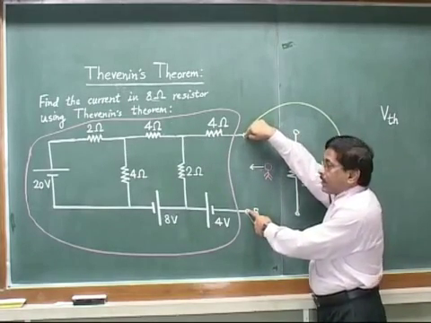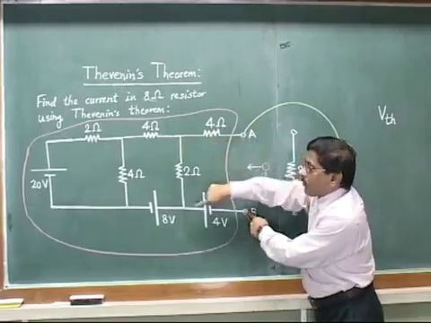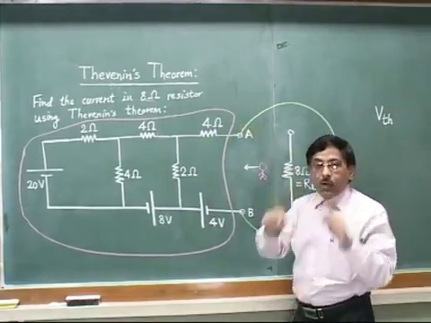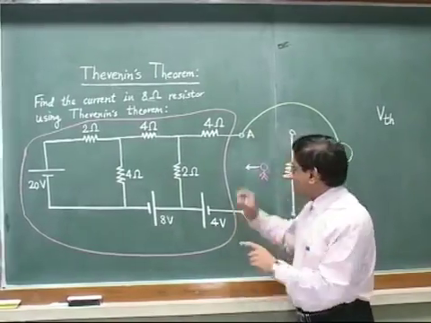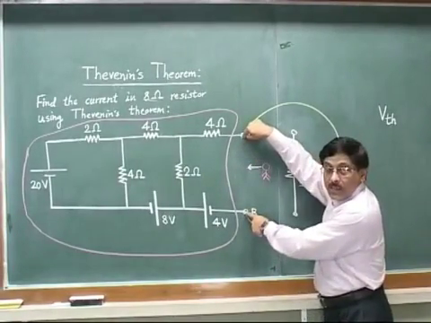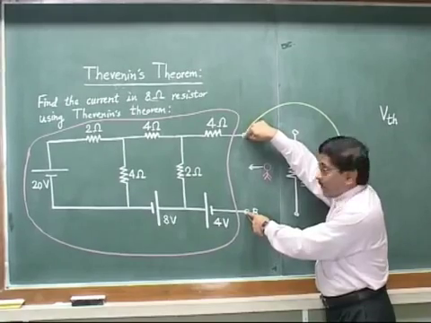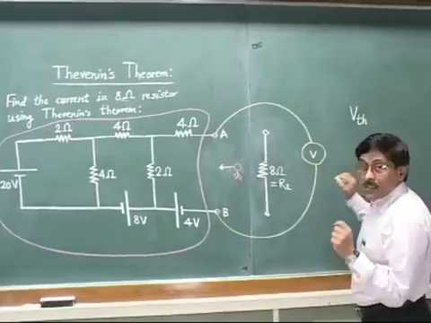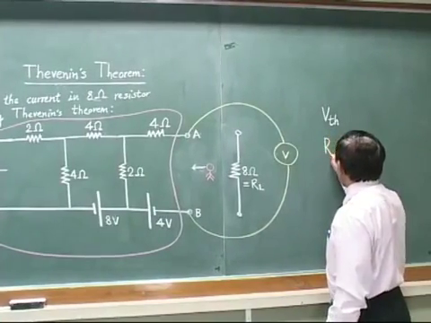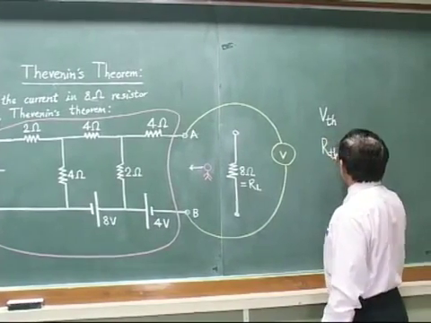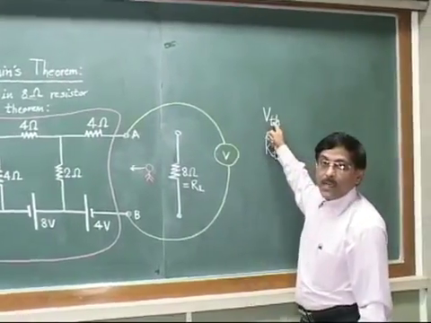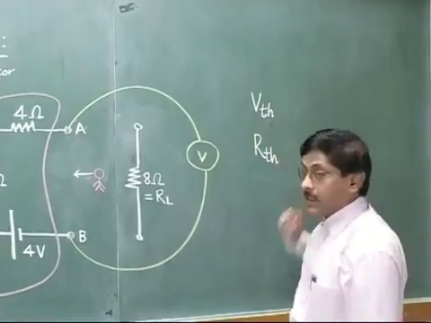I will find that this entire network of resistances will give one equivalent single value of resistance between these 2 points. We call this resistance Thevenin's equivalent resistance, or say RTH. Remember, we call it TH for remembering Thevenin who suggested this theorem.